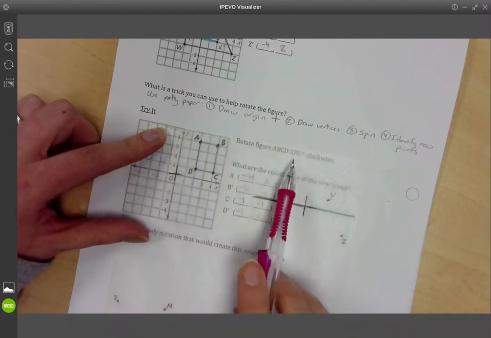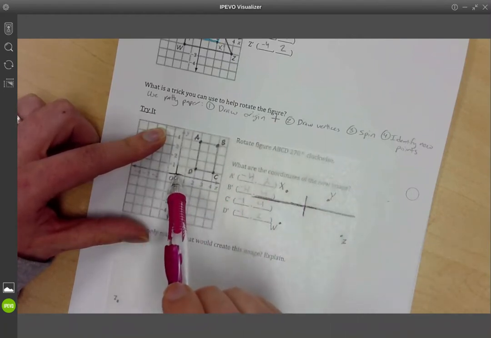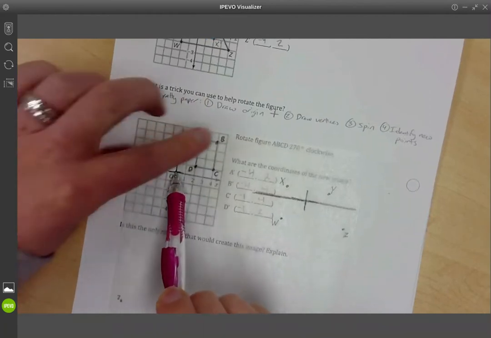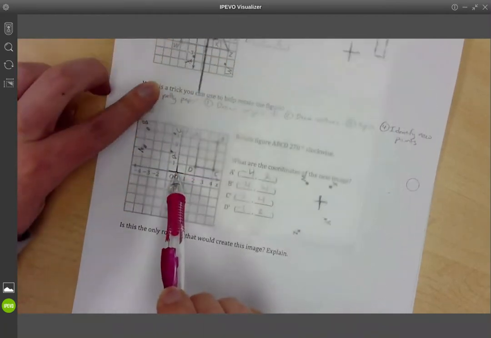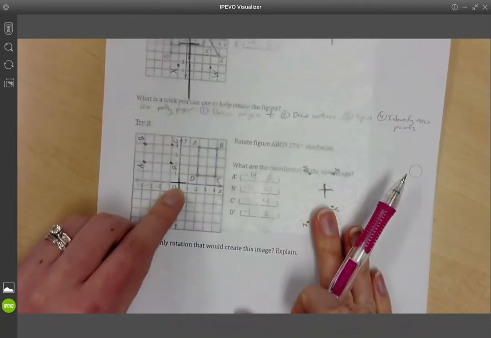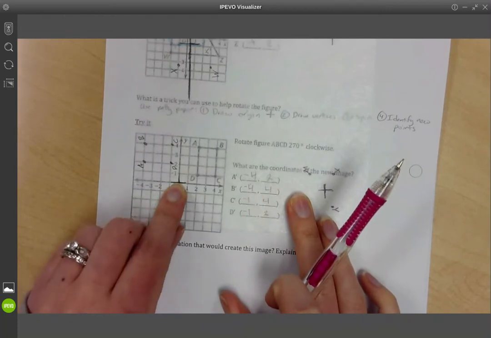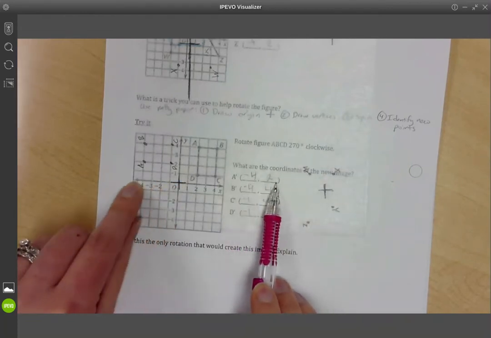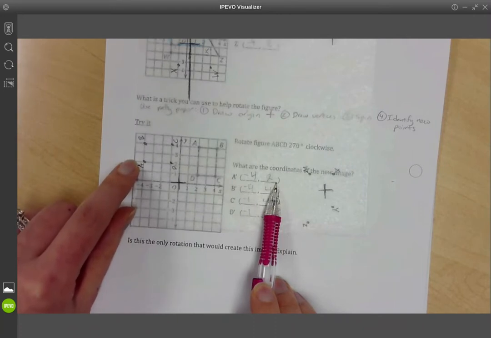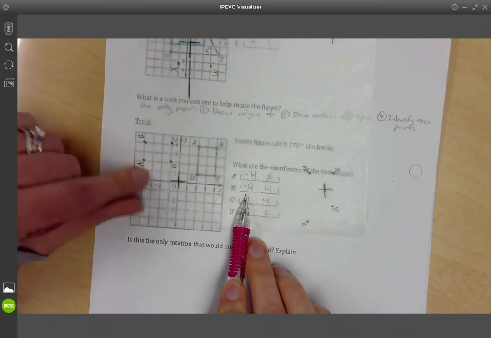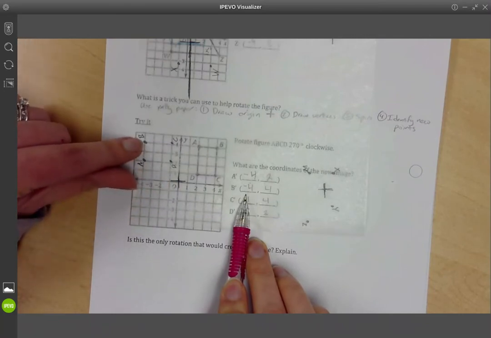Okay, so 270 clockwise is 3 spins this way or 1 spin the other way. So I'm going to do 1 spin in the opposite direction and just double check that I did get my numbers in the right spot. So I said A should be at -4, +2. So -4, +2, there's A. B should be at -4, +4, there it is.